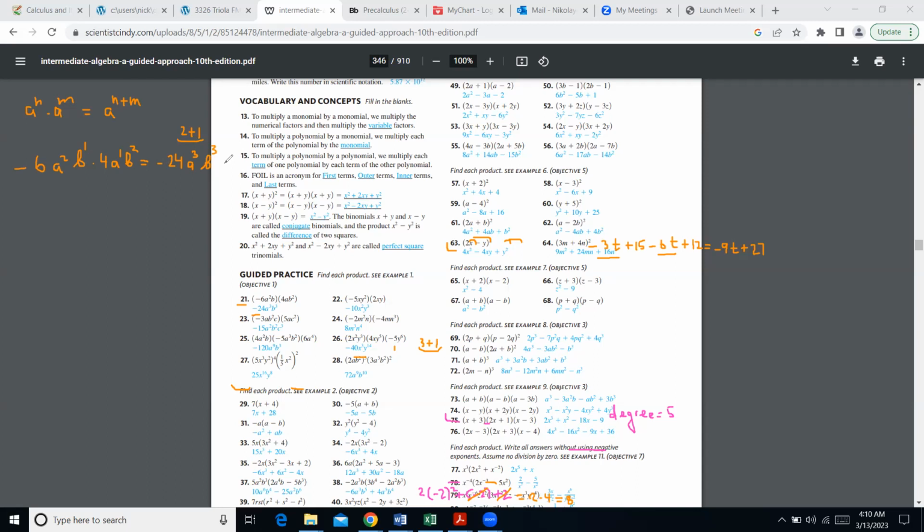Please notice that sometimes they write multiplication the way exercise 21 does. We have parentheses that separate those two factors. So instead of placing times like I did, they just put parentheses around those terms.